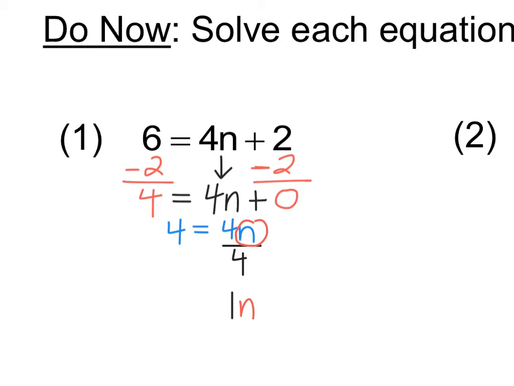Here, I think it's obvious that what you're looking at is the multiplicative inverse operation, right? The property itself would be 4 times 1/4 equals 1.